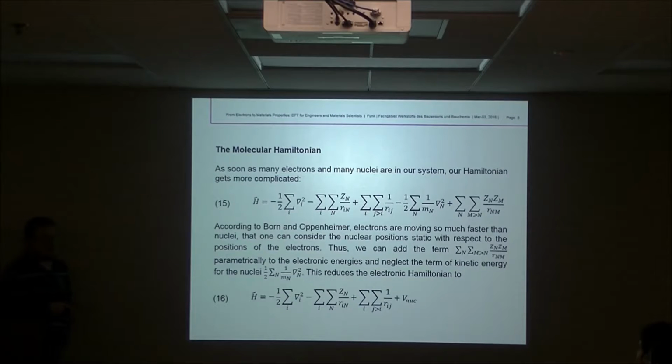Now we have our hydrogen atom and we can go to molecules. This is slightly more complicated. So what we see is we sum over all kinetic energies of electrons. We sum over the Coulomb attraction between electrons and nuclei. When I'm using a capital letter for the sum, it means nucleus, and it's an electron otherwise. Makes things easier.